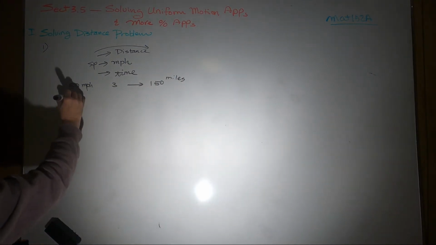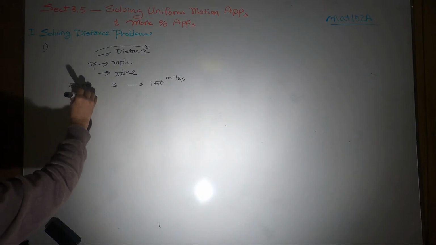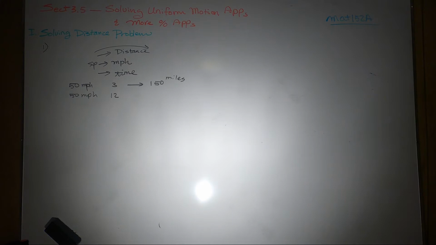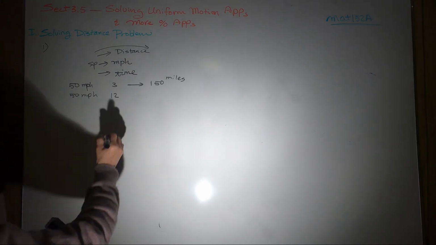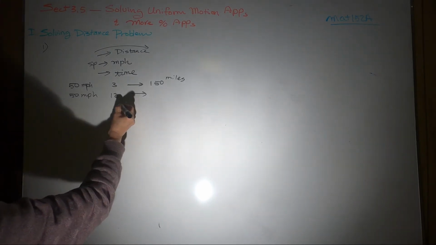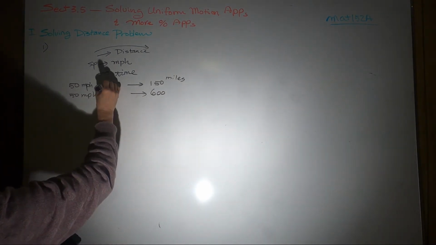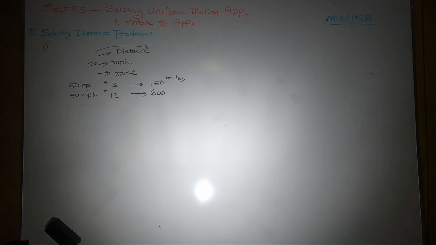If you drive 50 miles per hour for 12 hours, maybe going to Seattle, how far is there? Then you multiply, right? That will be 600 miles. So you multiply them. Then we are going to figure things out.